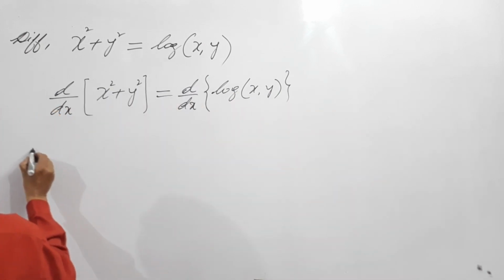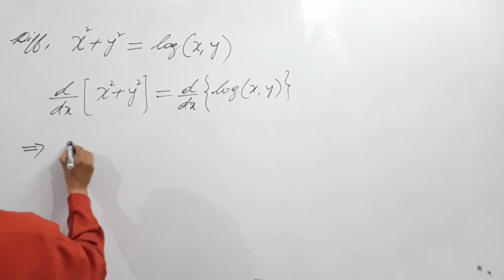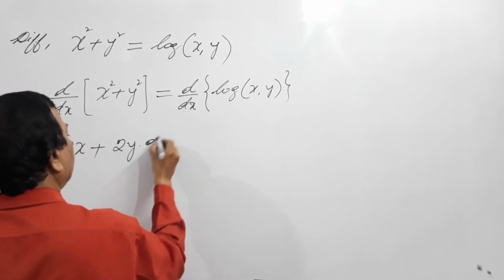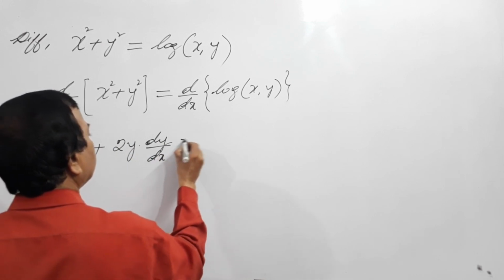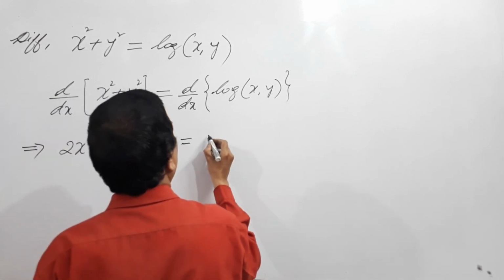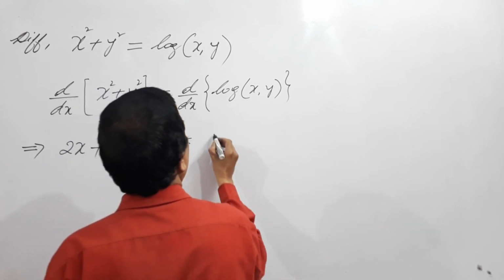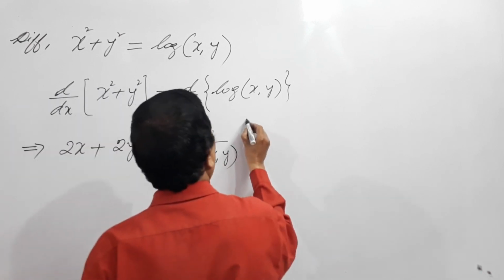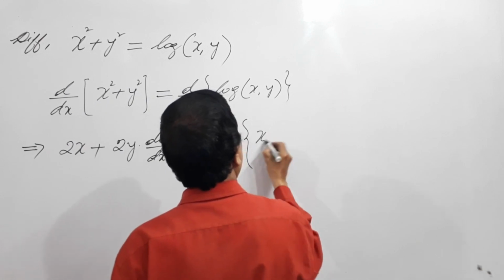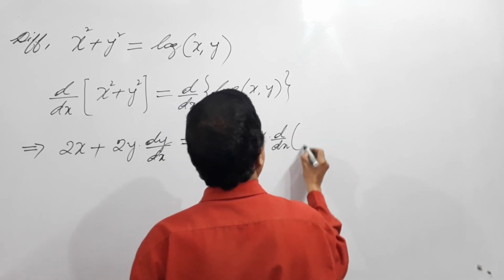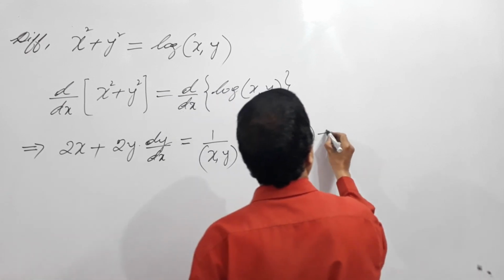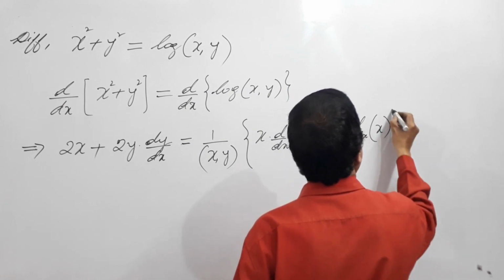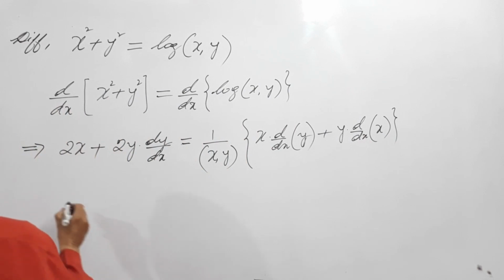So this can be done: d by dx of this becomes 2x plus d by dx of y square is 2y into dy by dx equals to, this becomes 1 by x comma y, and here we have to take product rule, x into d by dx of y plus y into d by dx of x.